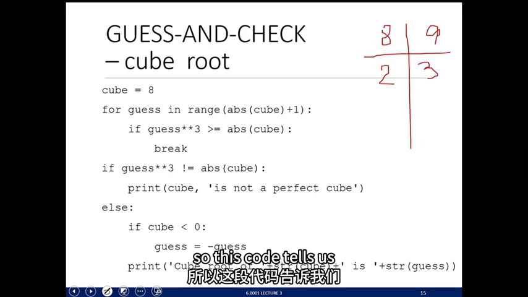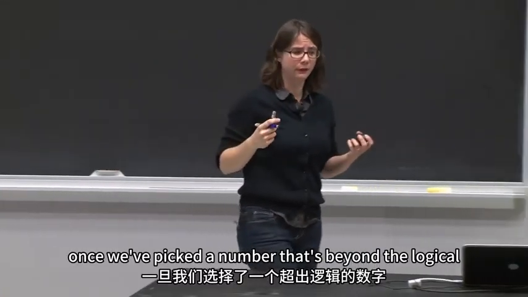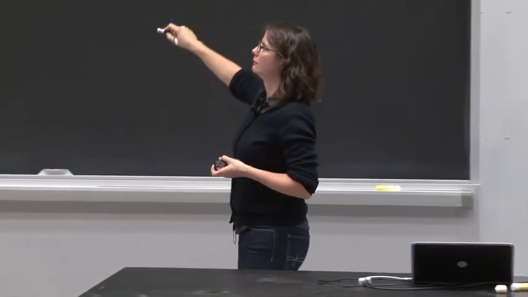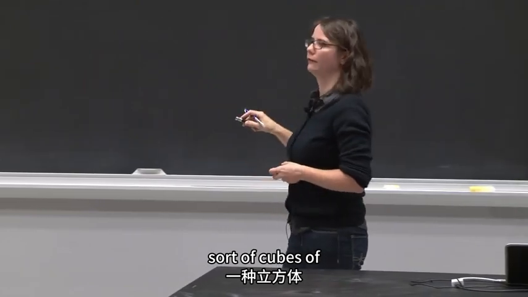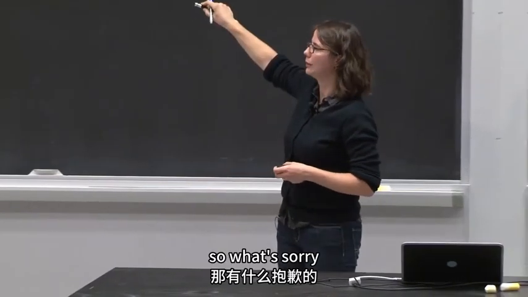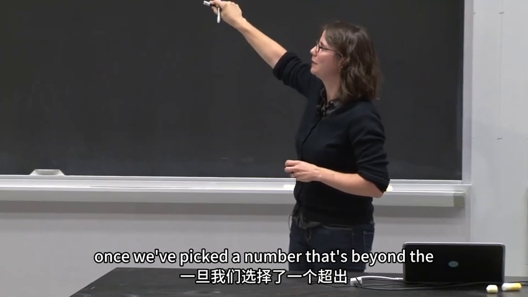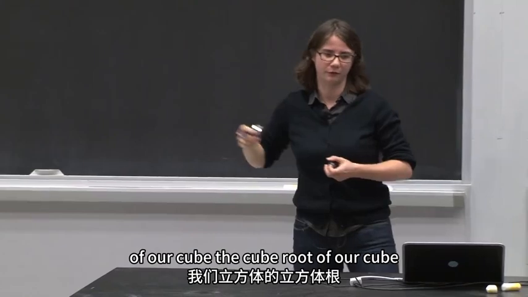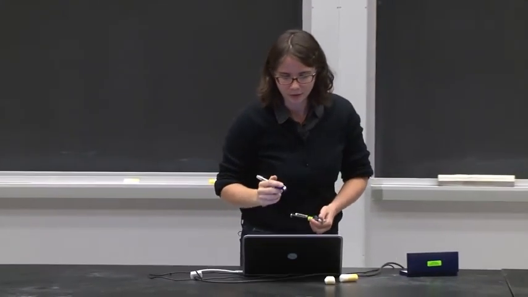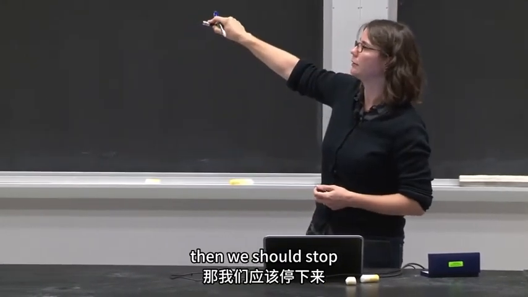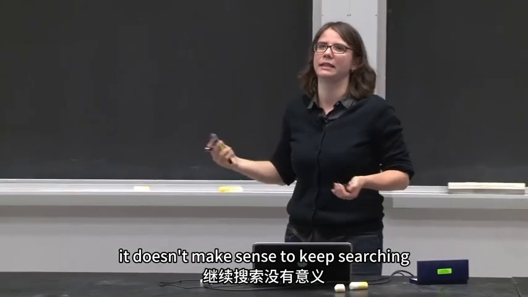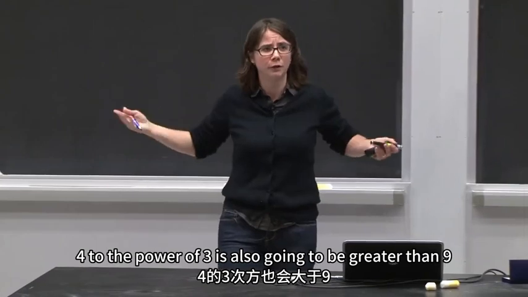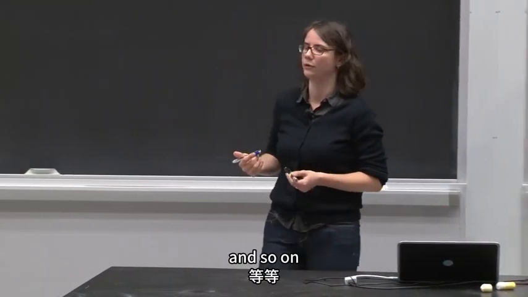So this code tells us once we've picked a number that's beyond the reasonable number for the cube root of our cube, then we should stop. Because again, it doesn't make sense to keep searching. Because if 3 to the power of 3 is already greater than 9, 4 to the power of 3 is also going to be greater than 9, and so on.